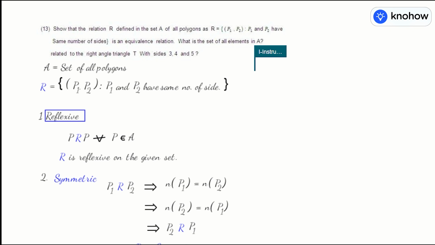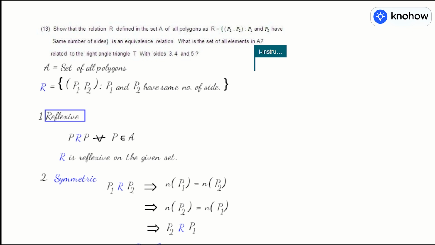Now number 3, let's check if the relation is transitive or not. Let L1 be related to L2, meaning L1 is parallel to L2, and L2 be related to L3, meaning L2 is parallel to L3. Geometrically, this is L1, L2, L3.